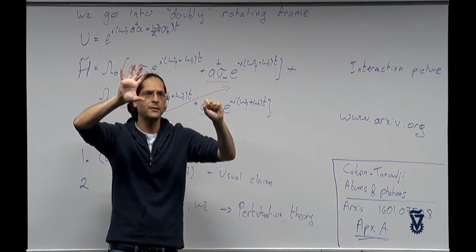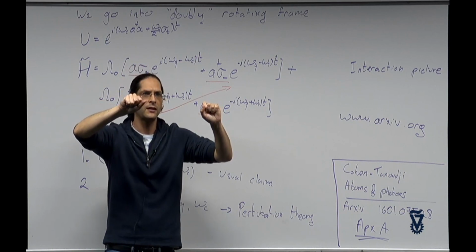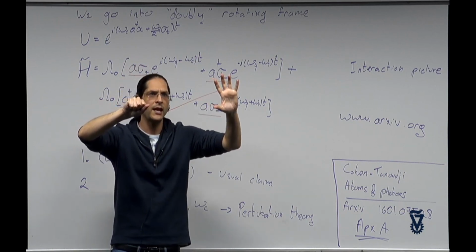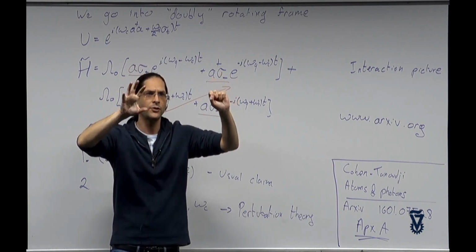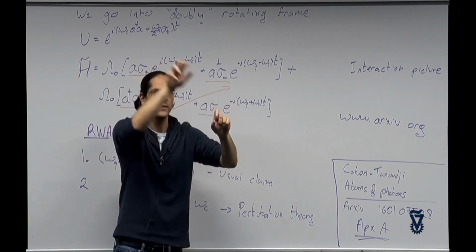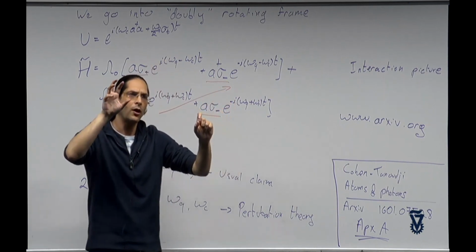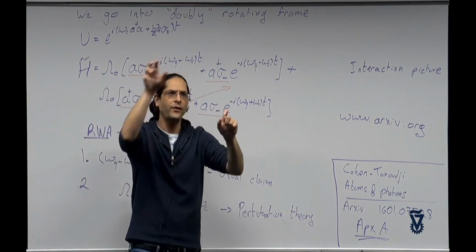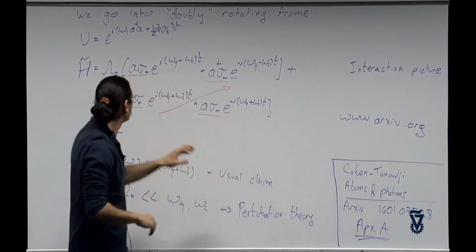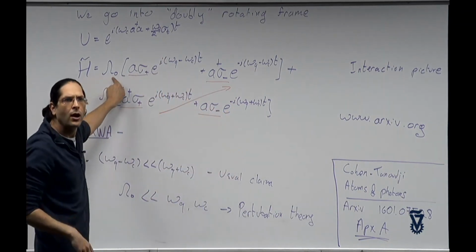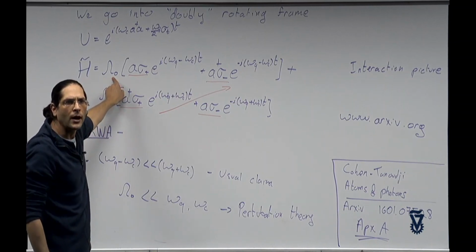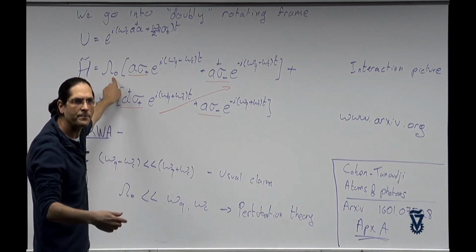Then the excitation gets destroyed in the spin and created in the harmonic oscillator. So there's an exchange of quanta between our atom and our field, a coherent exchange at a frequency of omega naught. We're going to go into the details of that in the next hour.